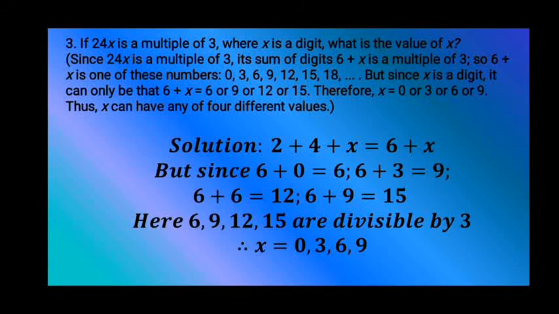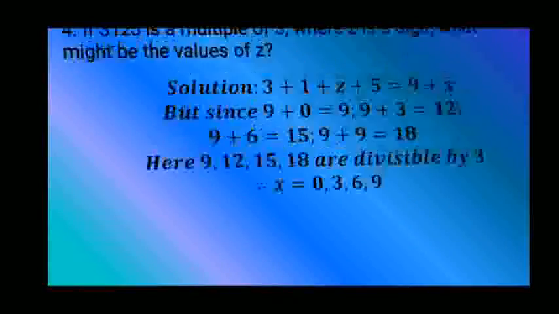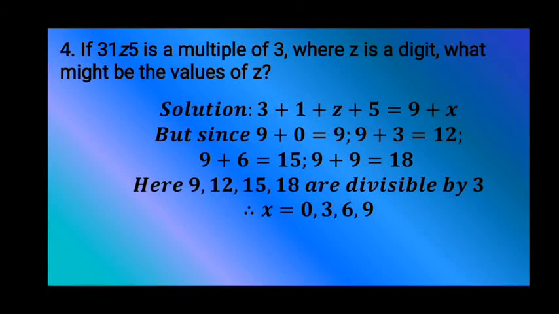The next question is similar to the third one. Again we are going to put some value for z in such a way that it remains a multiple of 3. So 3, 1, z, 5. Add them, you get 9 plus z. Because 9 is already a multiple of 3, you have to add nothing, that is 0. So the value for z can be 0. Now if you add 3, it still remains a multiple of 3, that is 12.